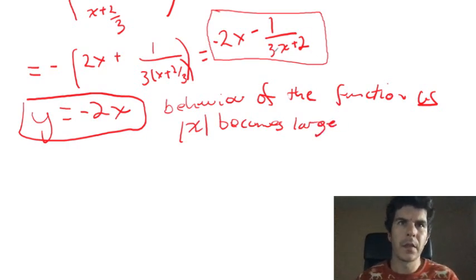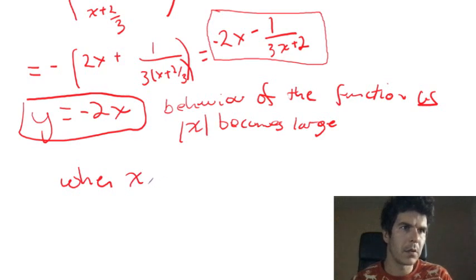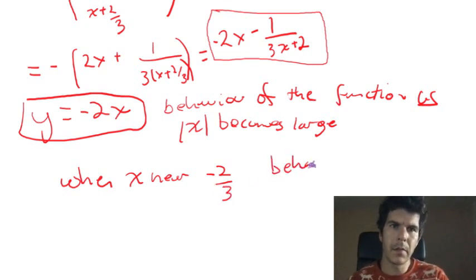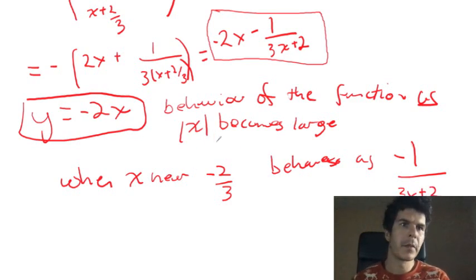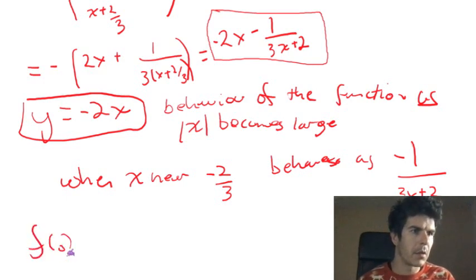And then this 3x plus 2 part will be, when x is close to negative 2 over 3, the function behaves as negative 1 over x plus 2. So let's also get our y-intercept. f of 0 equals minus 2 times 0 minus 1 over 2, so negative 1/2.